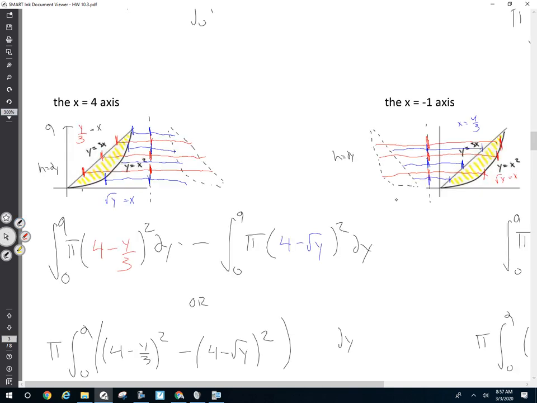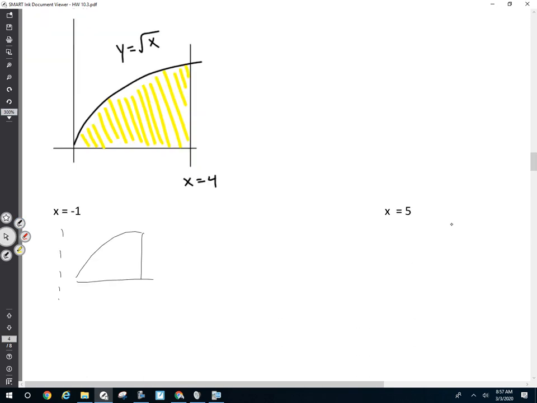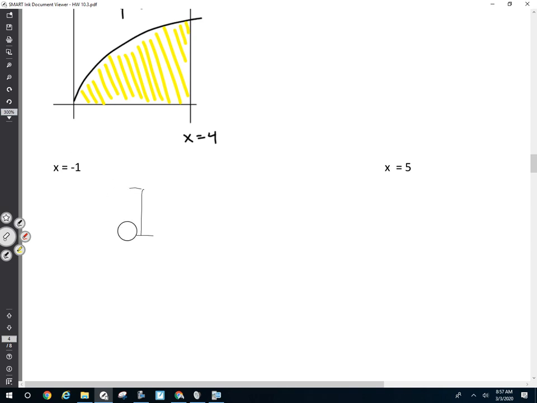Not great. Red cylinders. Look at that. Blue cylinders.